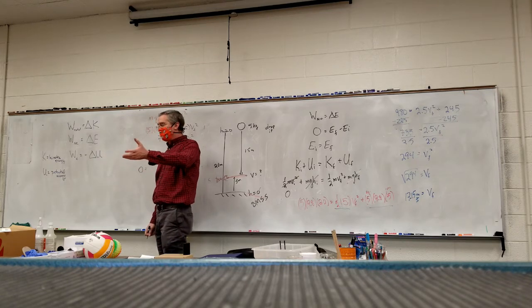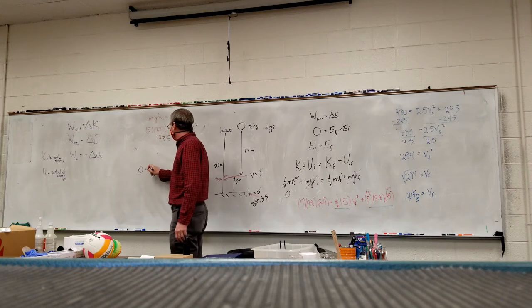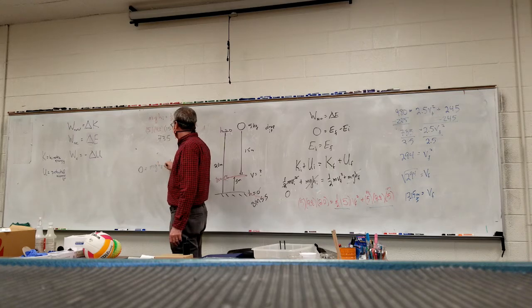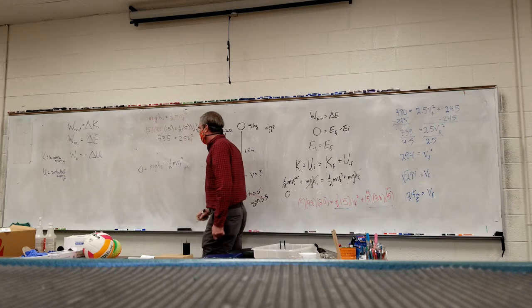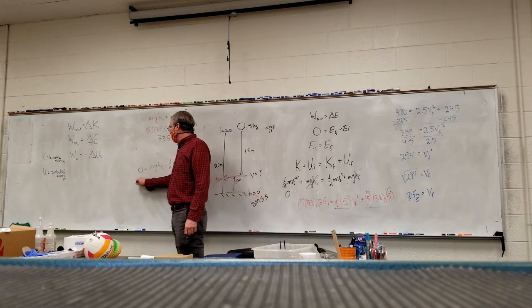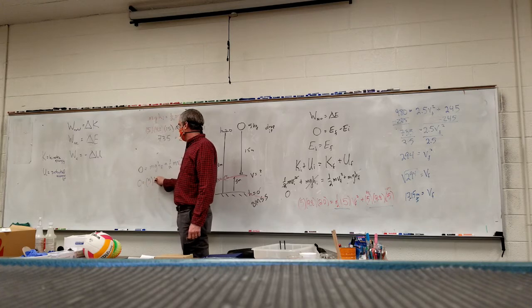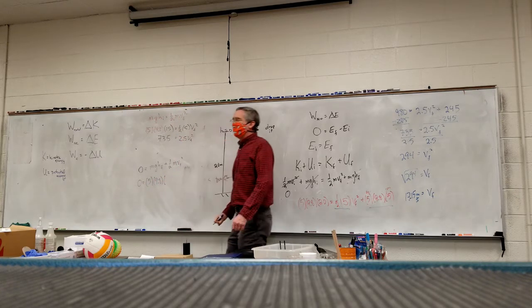It starts out at 0 speed, so we have 0 on the left-hand side is equal to mgh final plus 1/2 mv final squared. So I have 0 is equal to 5 kilograms times 9.8 meters per second squared times, what is my final height?